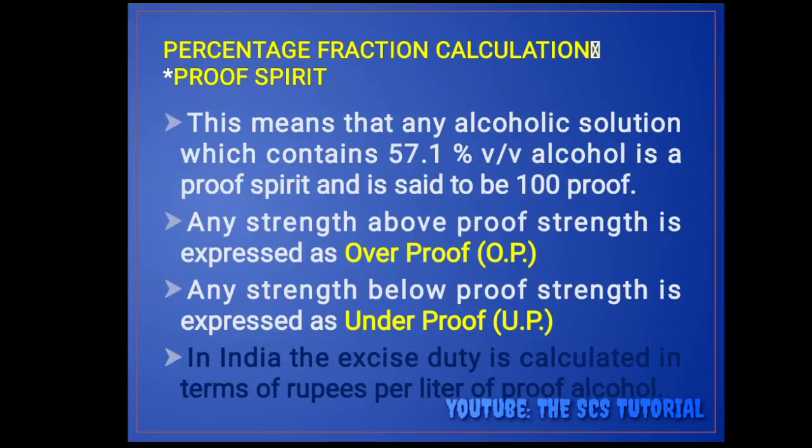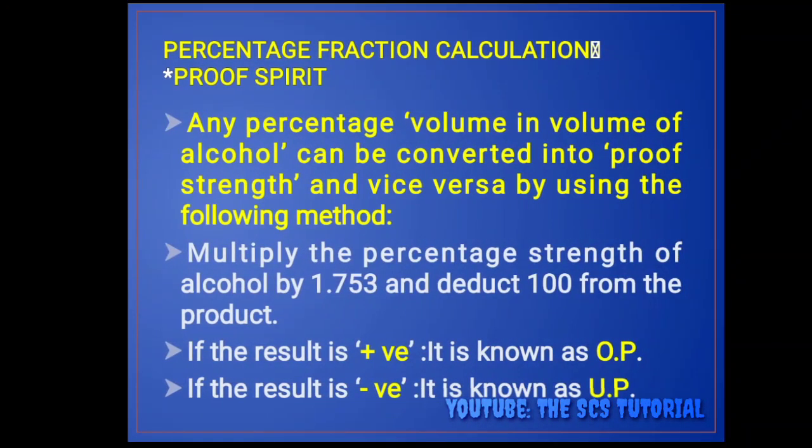In India, the excise duty is calculated in terms of rupees per liter of proof alcohol. How much concentration of alcohol is present in a particular solution, based on the proof strength. Based on that, we can charge the amount, how much that solution will cost.